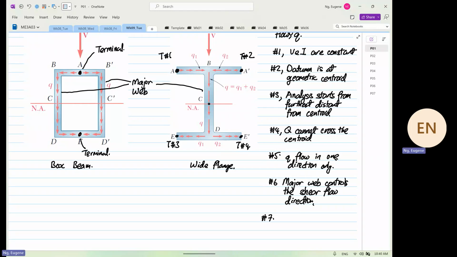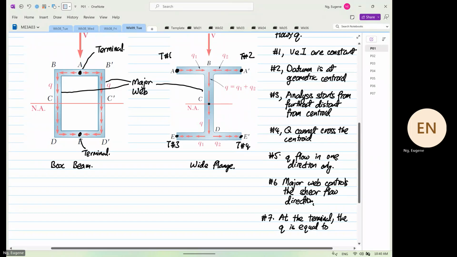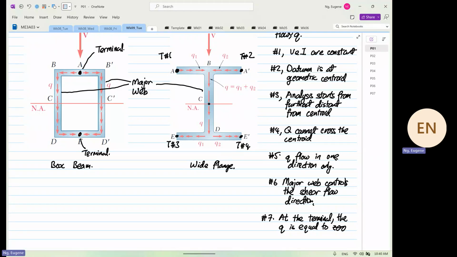So again, at the terminal, the shear flow is equal to 0. So where all the dots are, the shear flow is equal to 0.